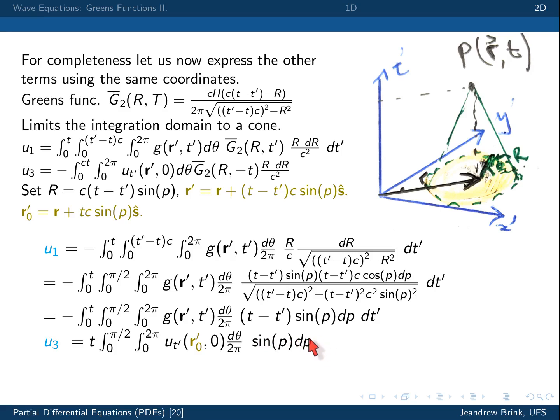You're evaluating the integral at t' equals 0, so you're using this r0 integral. In other words, you're simply going over this yellow domain over here. And then you simply, once again, do a weighted average of the u with respect to t.